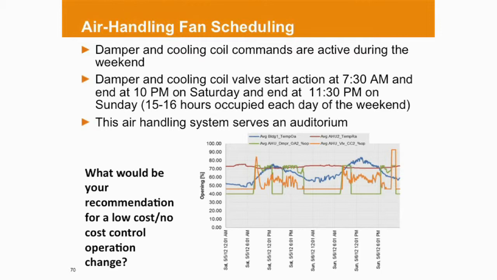It's May. It looks like you may be doing the economizer and chill water valve at the same time. The green line is your economizer, goes up to almost 100%, and we have cooling now.